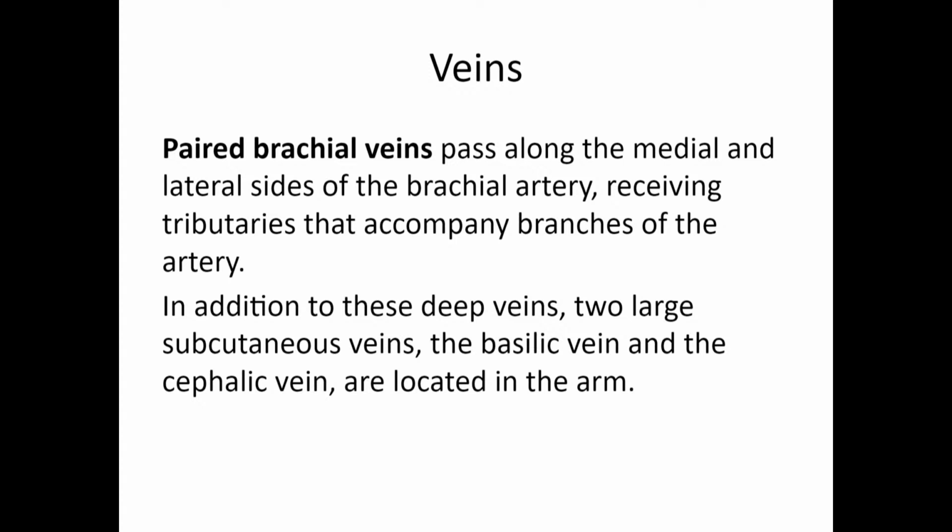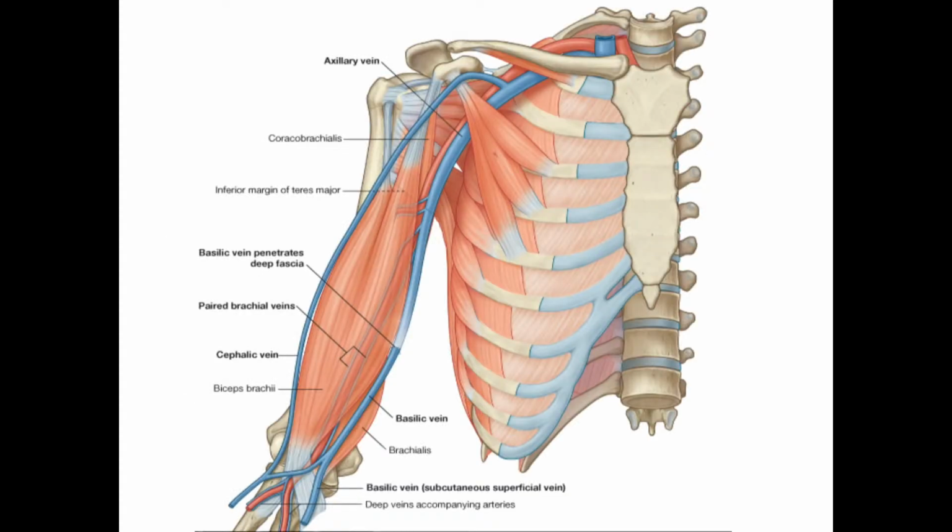We are having these deep veins, and in addition, two large subcutaneous veins, the basilic vein and cephalic vein, and they are located in the arm. We already discussed the basilic vein and cephalic vein, but once again to see that.